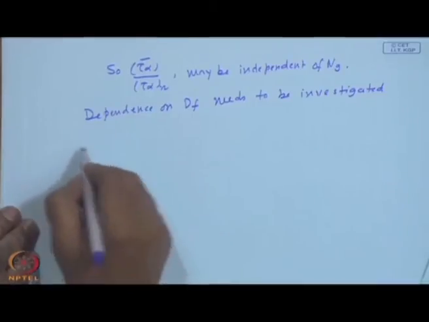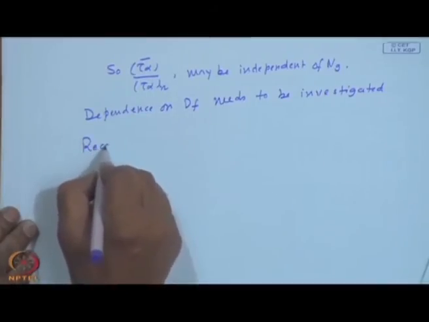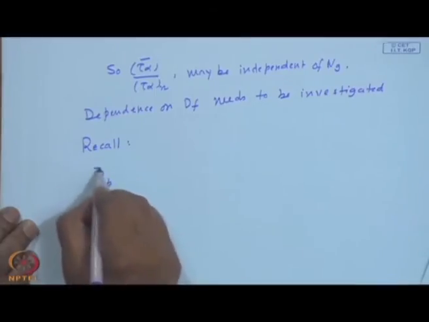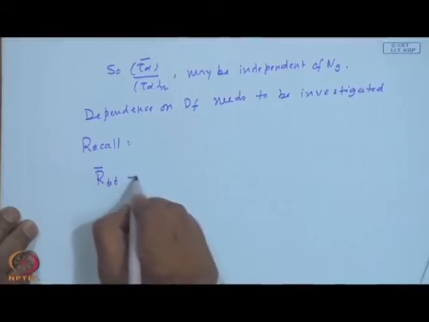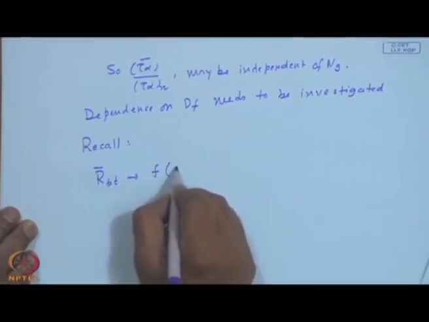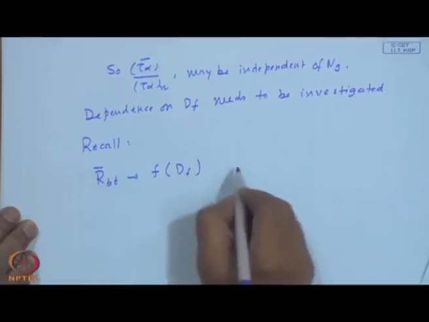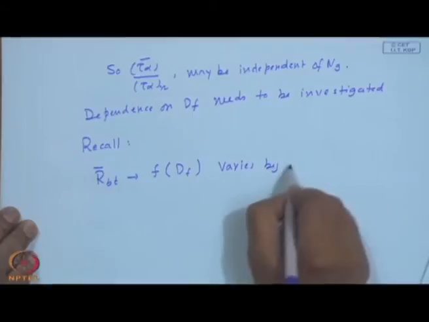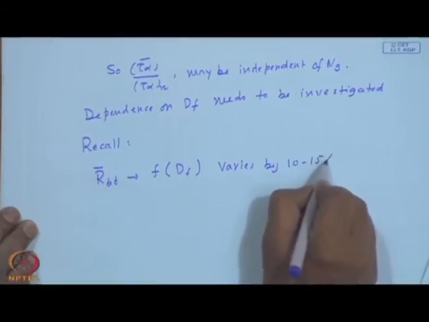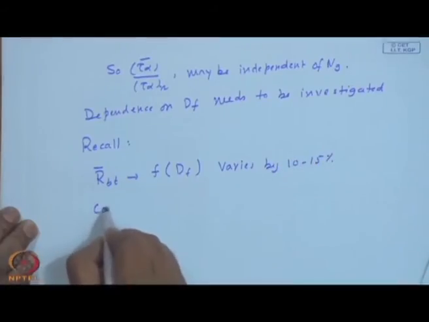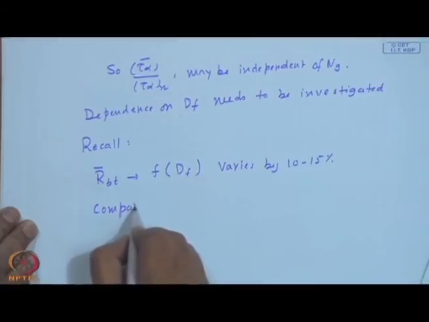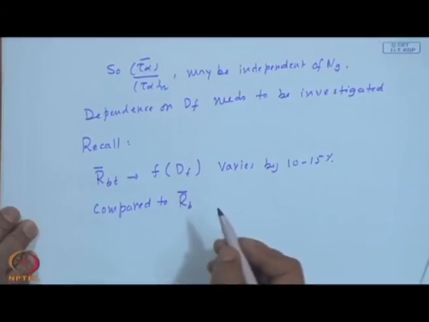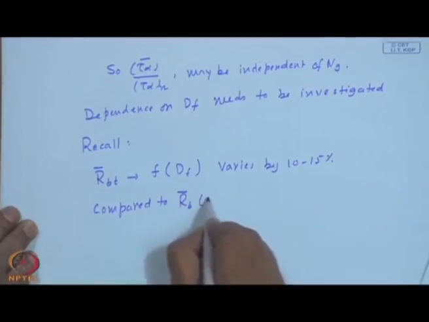So, you may recall R b bar t a function of d f and varies by 10 to 15% compared to R b bar under extraterrestrial conditions.